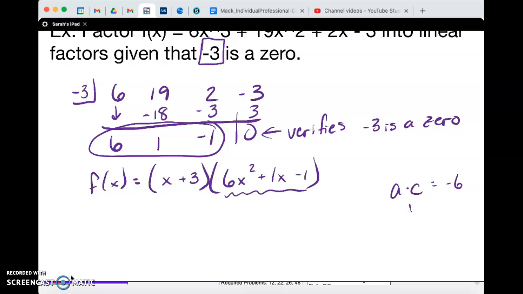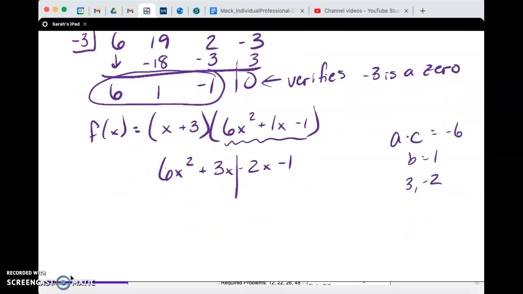Yeah. B is 1. Now my factors would be? Yeah. And since I have an A value, I have to write the 4 terms and cut it in half, do the full thing. So the plus 3x minus 2x minus 1. Which we factored using AC method a lot.